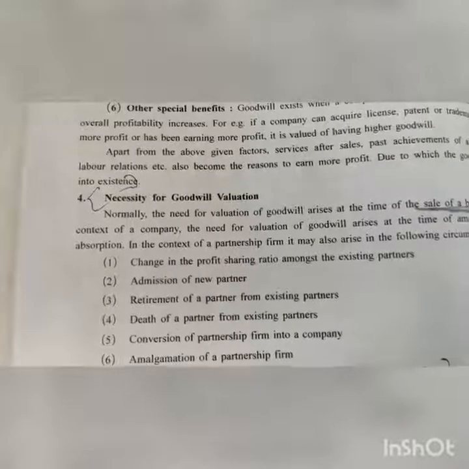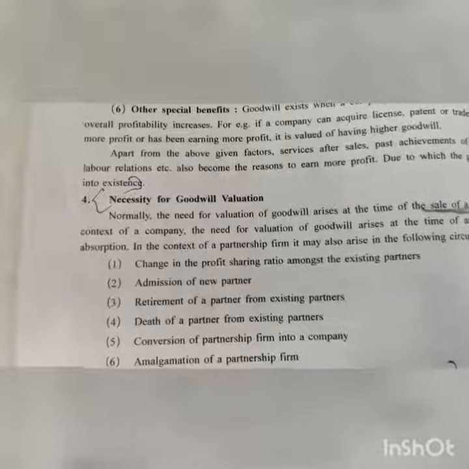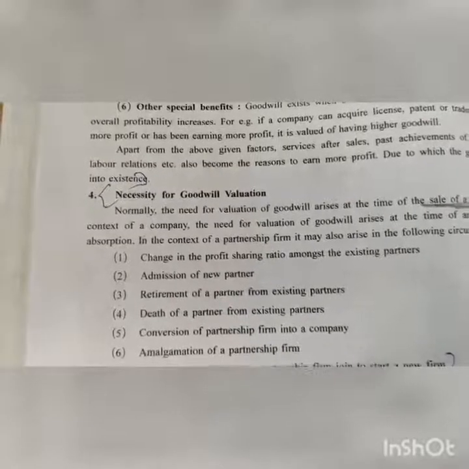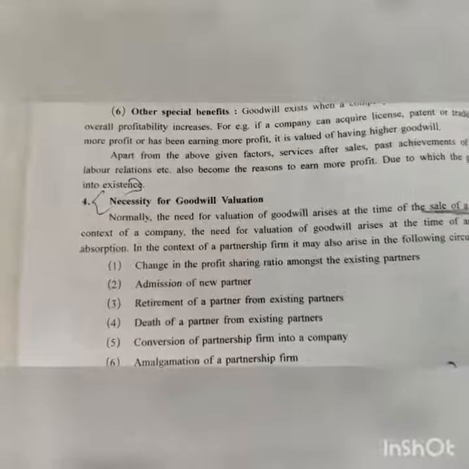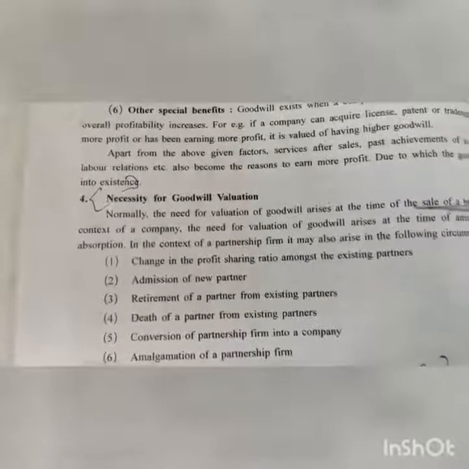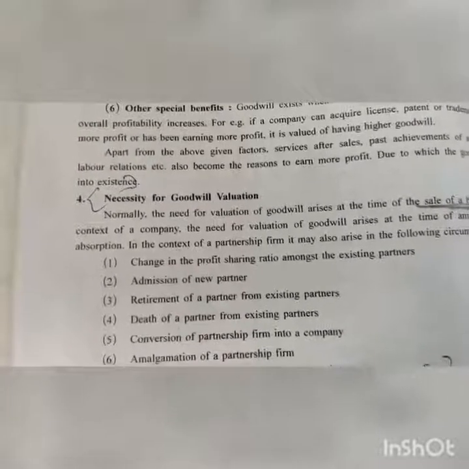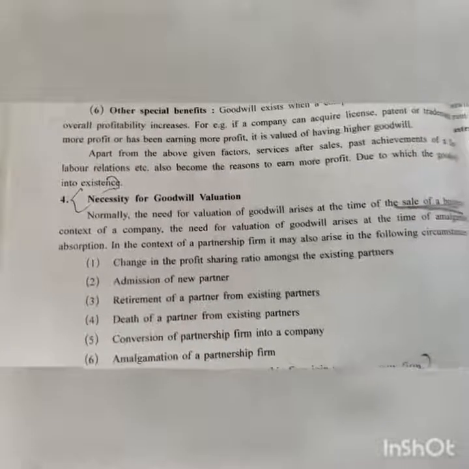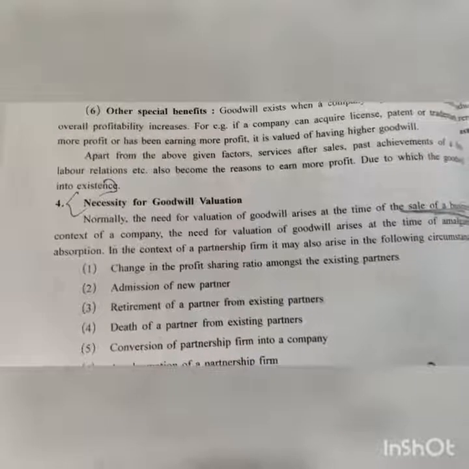So company A will take over company B, and this is known as absorption. That is, one company takes over the other company. So in case of a company, during amalgamation and absorption, we need to find out the value of goodwill. And in case of a partnership firm or sole proprietor firm, at the time of sale of a business, we need to find out the value of goodwill.